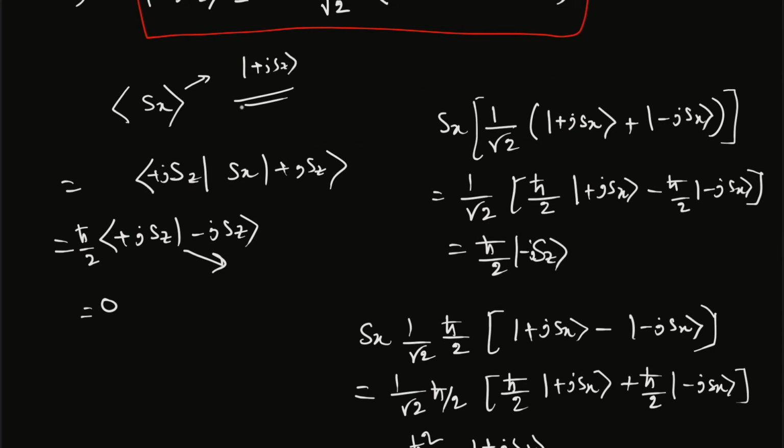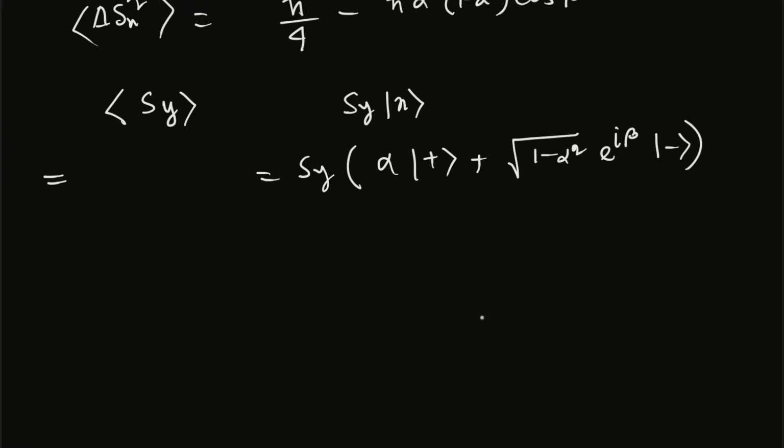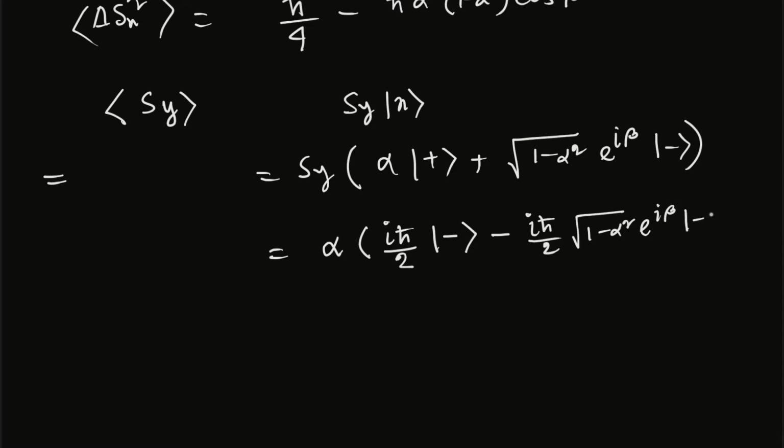From the previous question we know that Sy operating on |+> gives i h cut by 2 |->, and on |-> gives minus i h cut by 2 |+>.